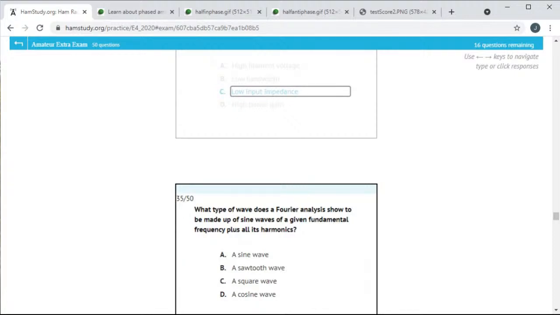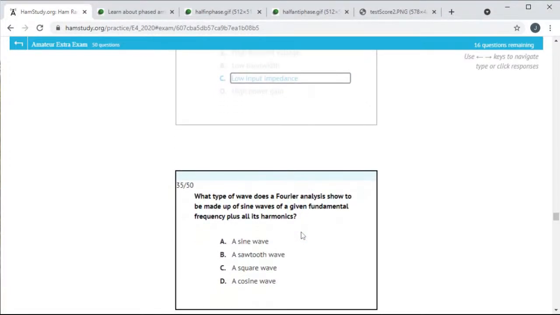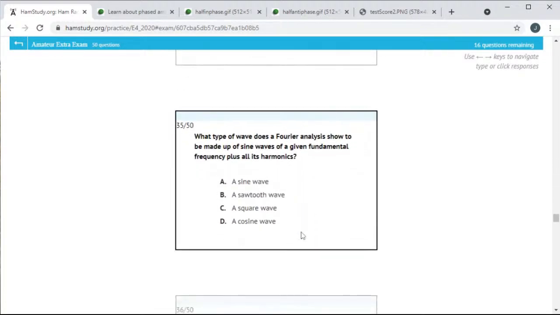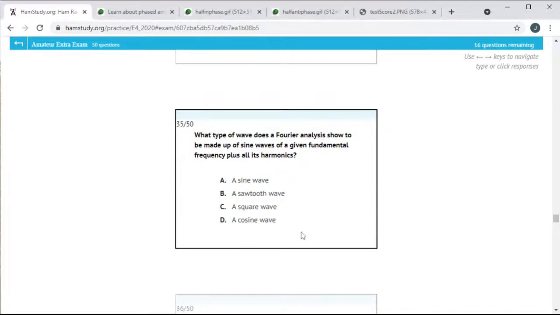What type of wave does Fourier's analysis show to be made up of sine waves of a given fundamental frequency plus all its harmonics?